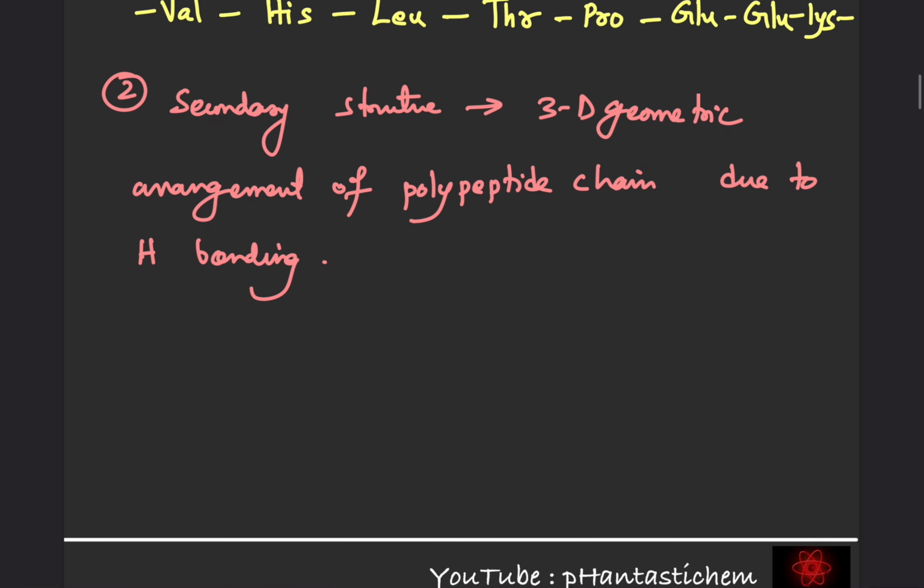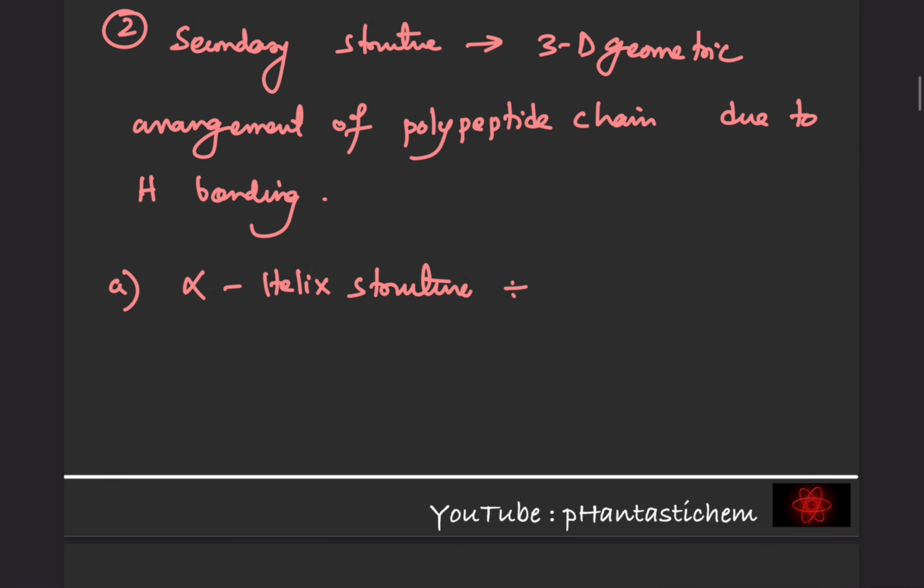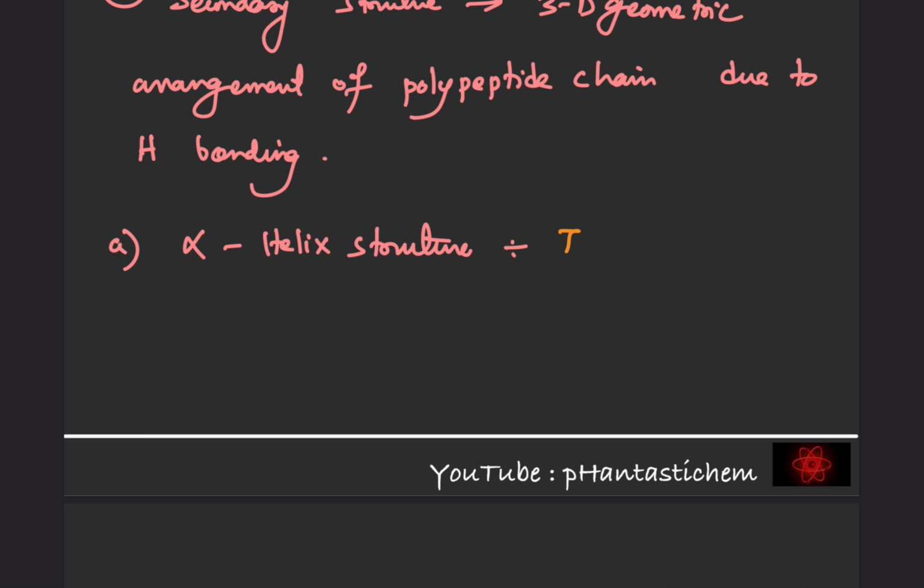Okay, and the following two different secondary structures are possible. The first one is the alpha helix structure. Okay, so intramolecular hydrogen bonds, that is hydrogen bonding in the same molecule, are formed between C double bond O of one alpha amino acid residue and the NH of the alpha amino acid that is situated four residues ahead in the sequence. Okay, important.